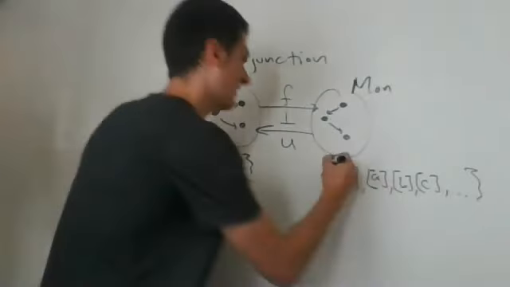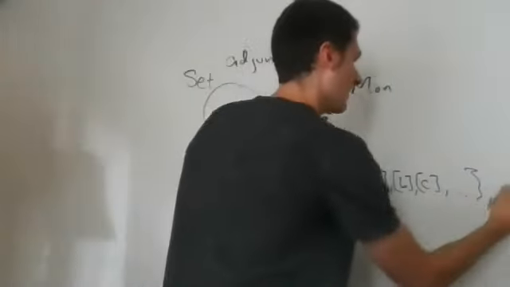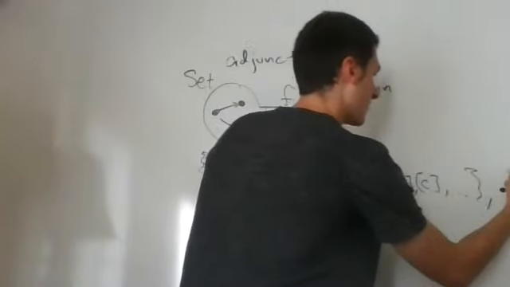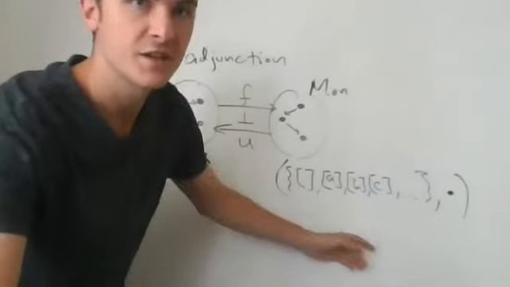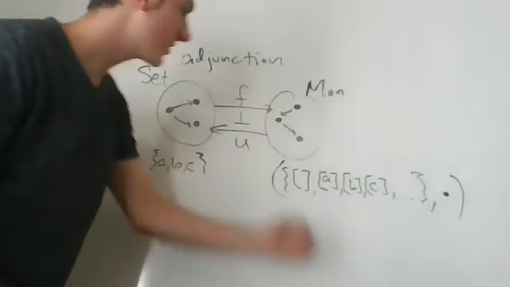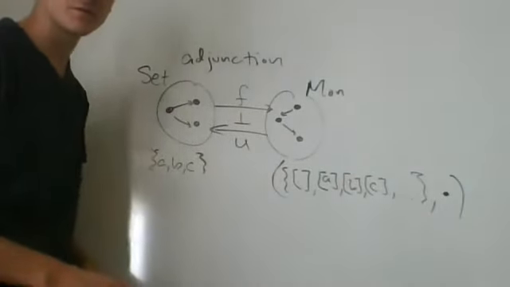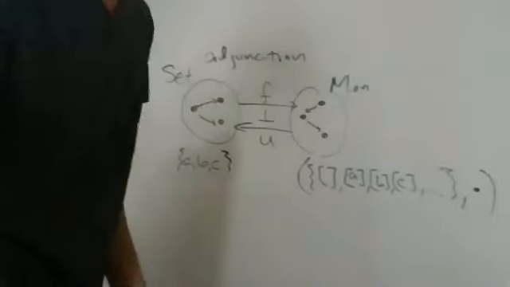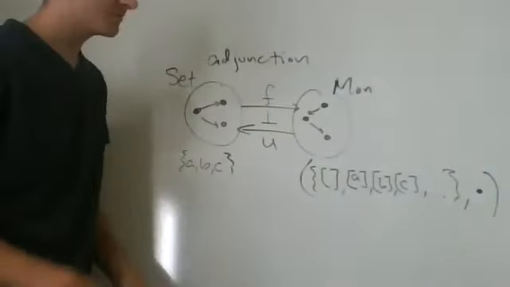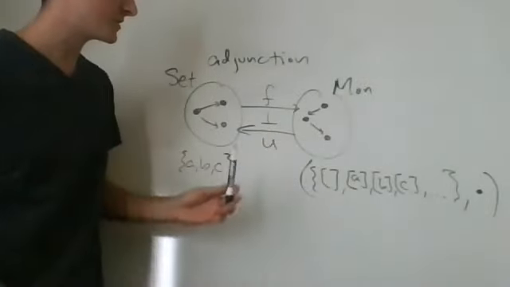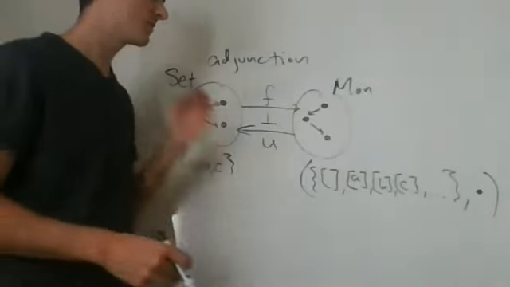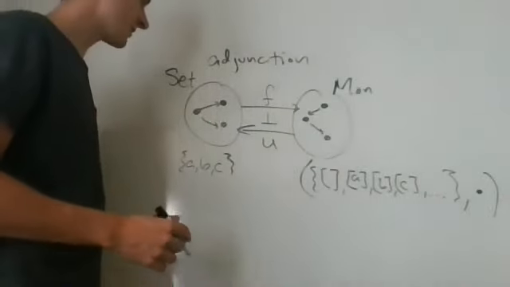So I should write it like that, where this is a set paired with an operation, and you're just forgetting the operation, which seems kind of silly, but one of these directions is doing something more interesting than the other.